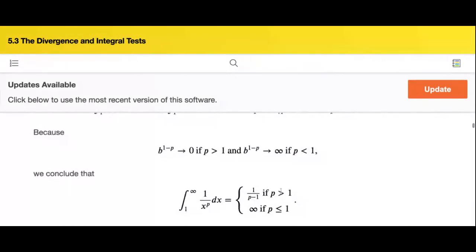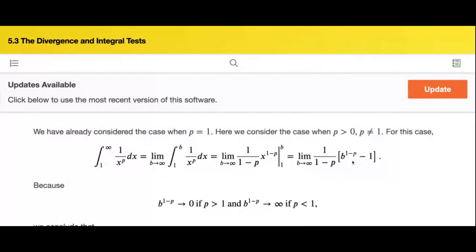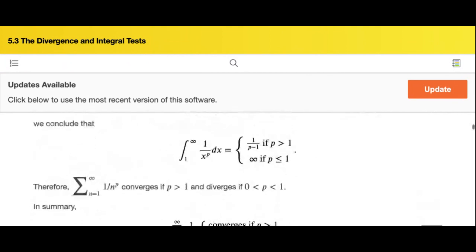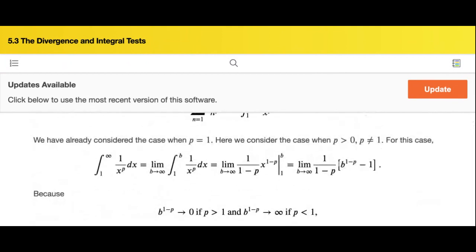Let's go back a little bit. If p is greater than 1, we take the limit of this part, b raised to 1 minus p, and it goes to 0 when b approaches infinity.